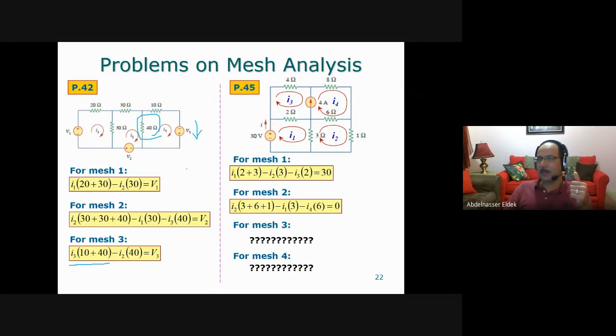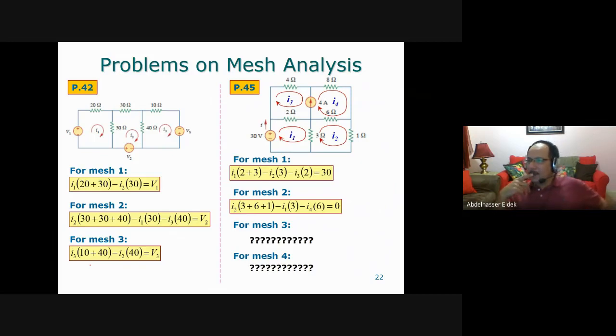V3 is in the clockwise direction, the same direction as the mesh current. Both are in the same direction, then it is positive I3. Now you have the 3 equations in 3 unknowns.